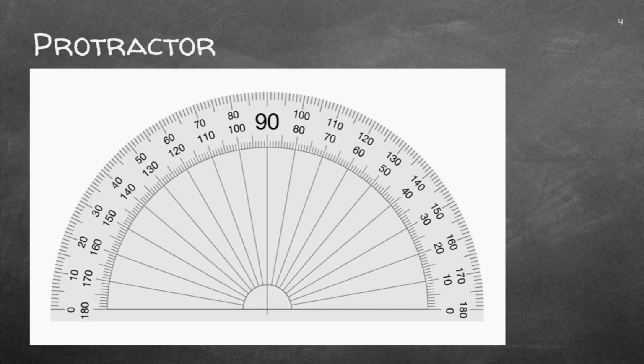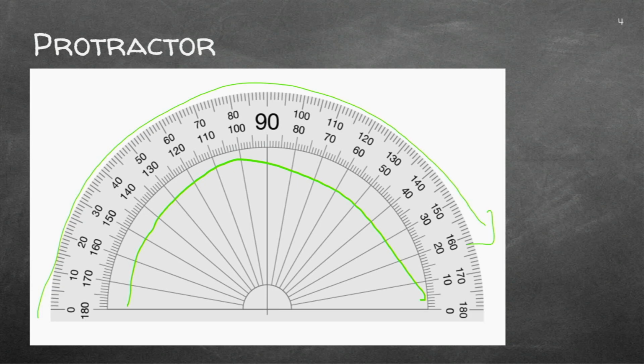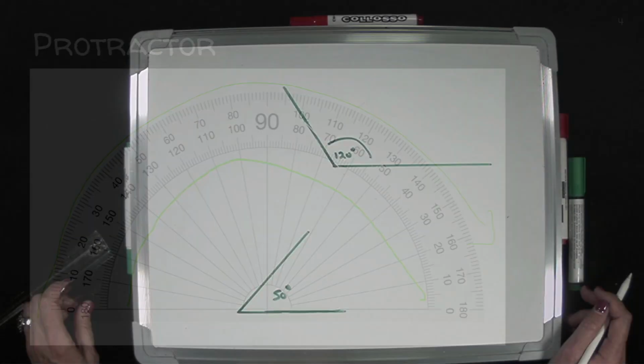I've got a big example for you here. So you can see there are the lines going anti-clockwise from 0 to 180, and those are going clockwise from 0 to 180. Now I'm going to go to the whiteboard to explain to you how to measure an angle.